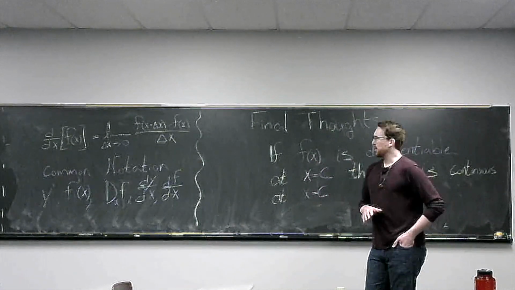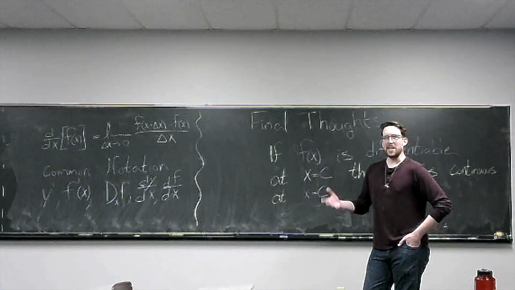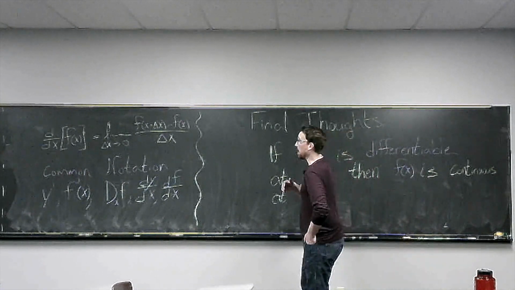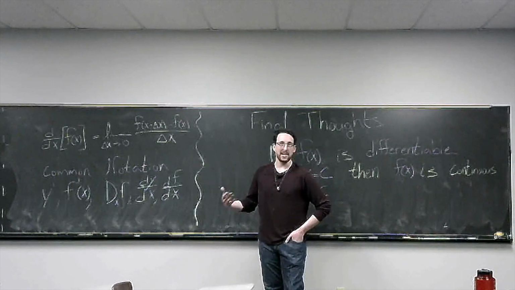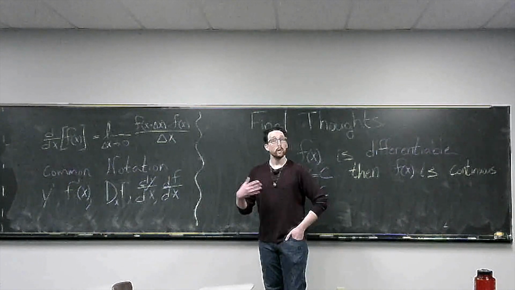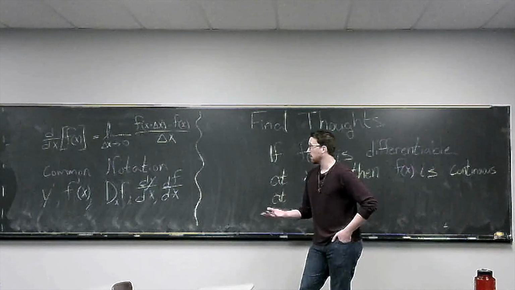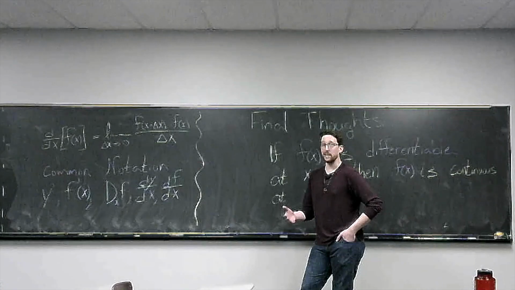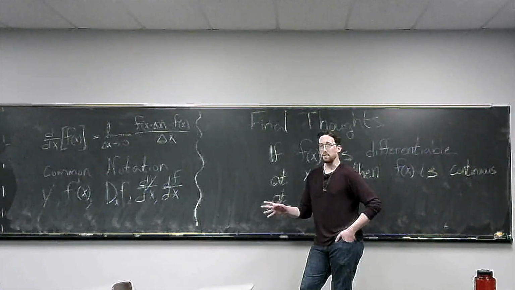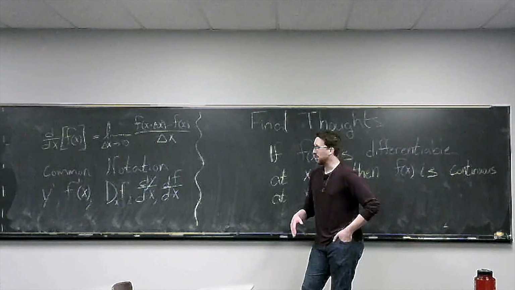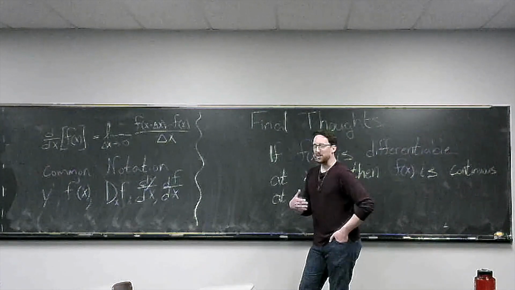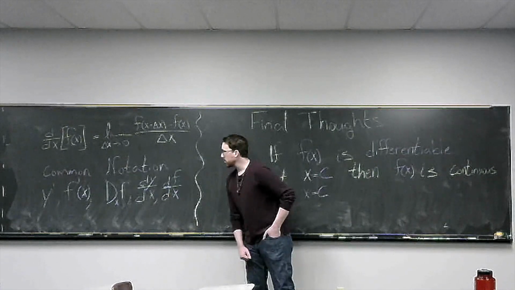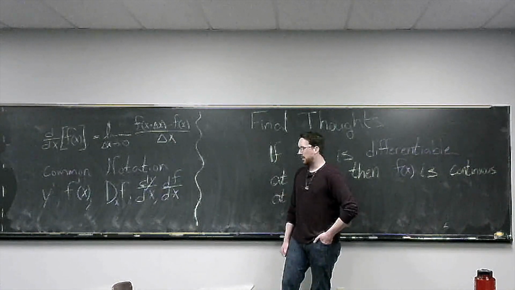Notice I'm not saying dy divided by dx. That's implied. That's because we're going to say dy dx, df dx, y prime, f prime so much that saying dy over dx versus dy dx, just getting rid of that over actually saves a lot of time. And it's pretty standard to say things like that, right? So just some common notation to be aware of.